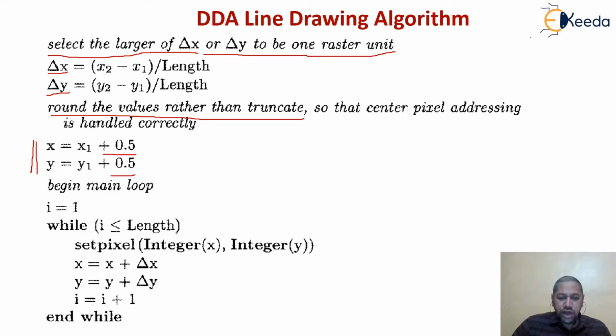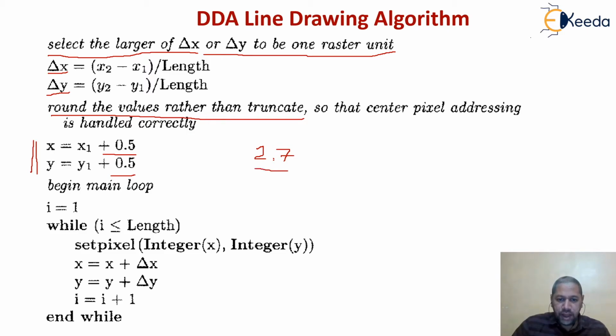Suppose my value is equal to 2.7. In my function, what should 2.7 be considered as? It should be considered as 3.